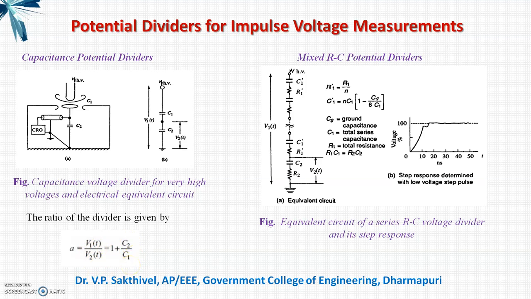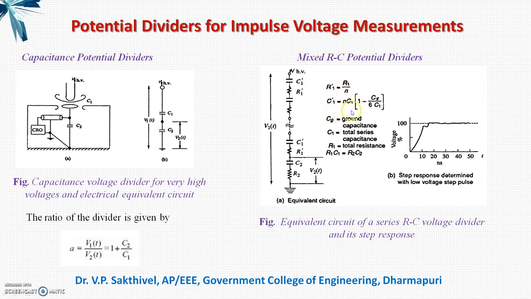Next is the mixed RC potential divider. It is shown here. Okay. In the mixed potential divider, RC elements are used either in series or in parallel. Here R1 dash is a number of resistances connected in series, so we have R1 by N, of equal value.